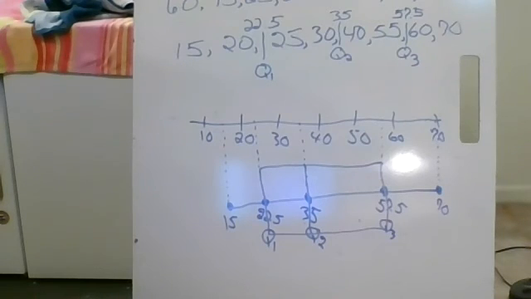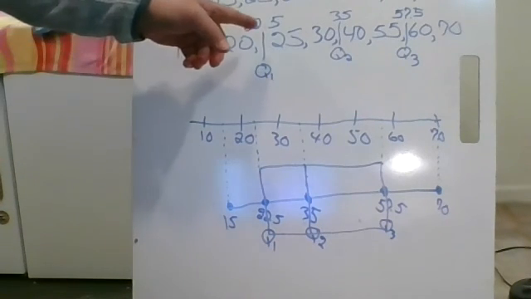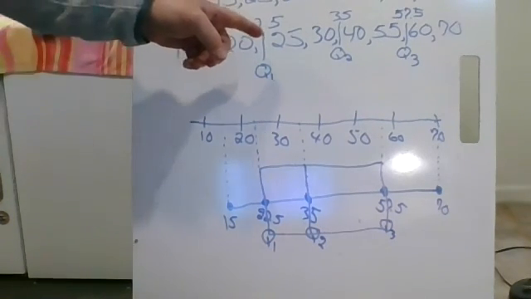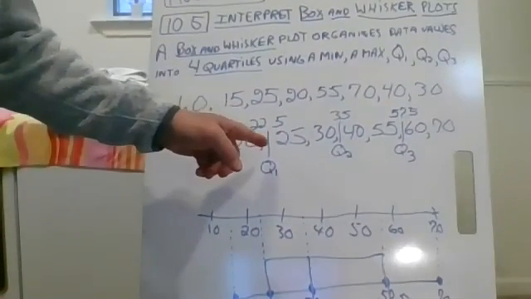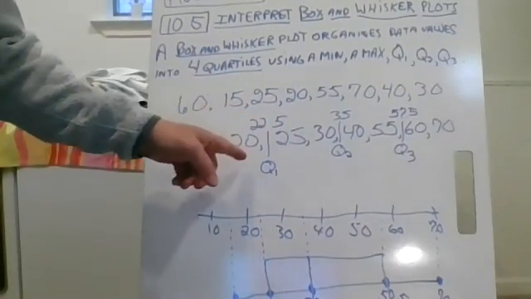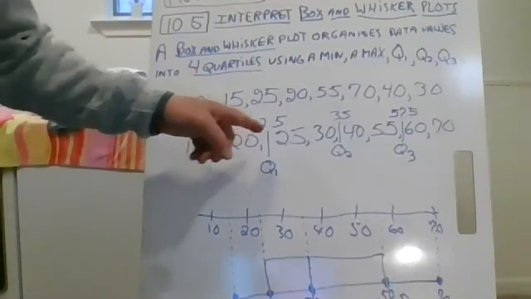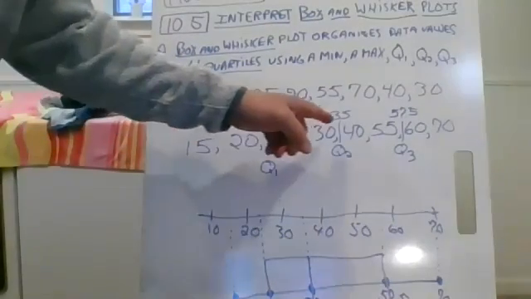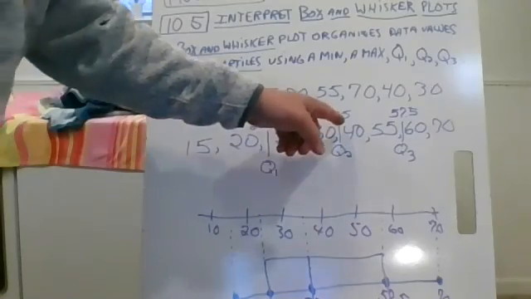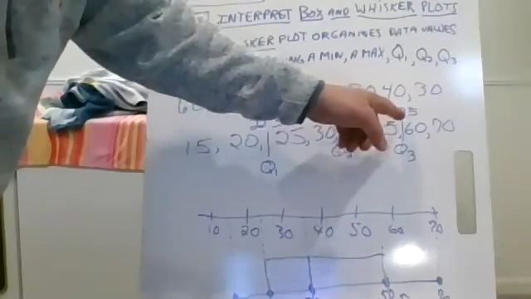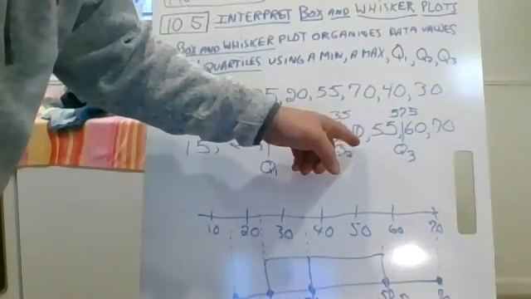And each quartile contains 25% of the data. Okay? And you can see from up here. To the left of 22.5 are 2 values. Between 22.5 and 35 are 2 values. 35 to 57.5 are 2 values.